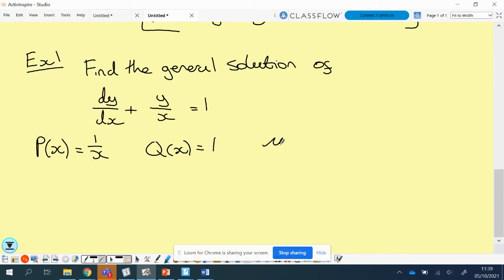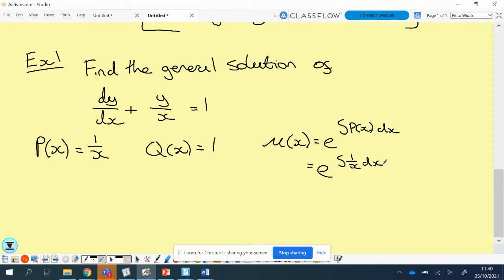Now mu of x, that's what we need as an integrating factor. It's the exponential of the integral of p of x dx. So I need to integrate p of x dx. P of x is 1 over x, so that's the integral of 1 over x.